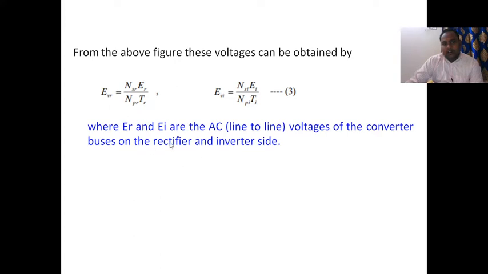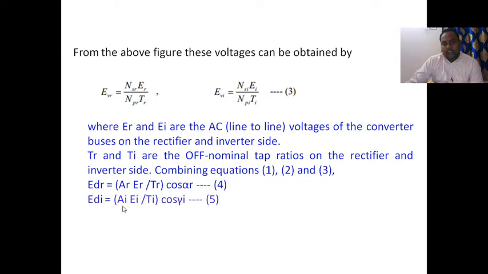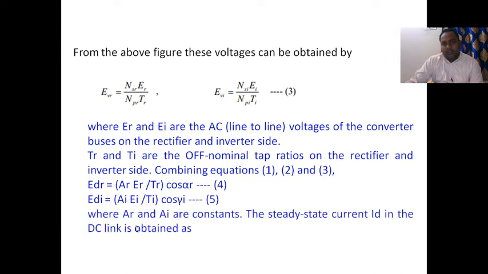TR and TI are the off nominal tap ratios, using tap changing transformers. Combining equations 1, 2 and 3, EDR is equal to AR ER by TR cos alpha R, and EDI is equal to AI EI by TI cos gamma I, where AR and AI are constants.